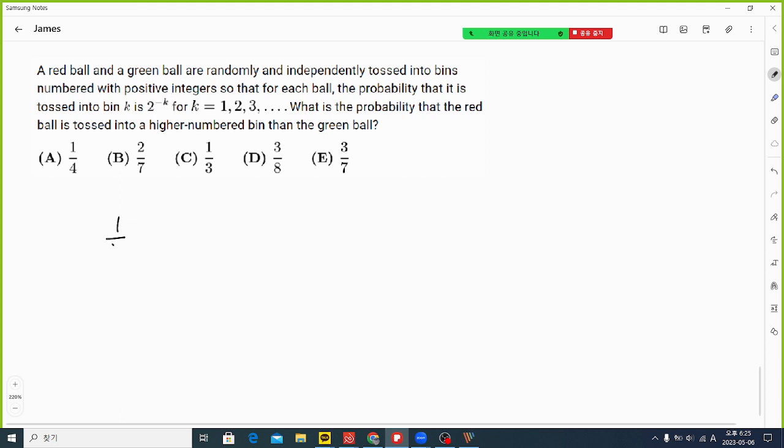So this is the first probability, and the probability for both the balls to be tossed into bin 2, bin 2's probability is 1/4, and because both the balls are tossed to bin 2, we multiply this 1/4 twice.